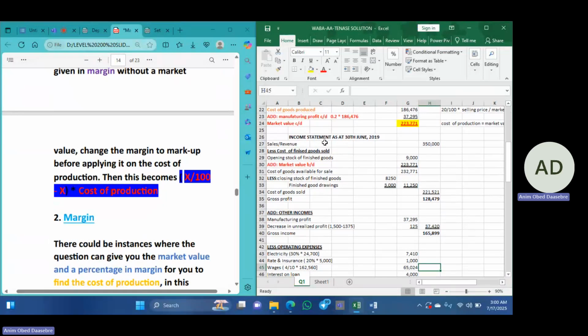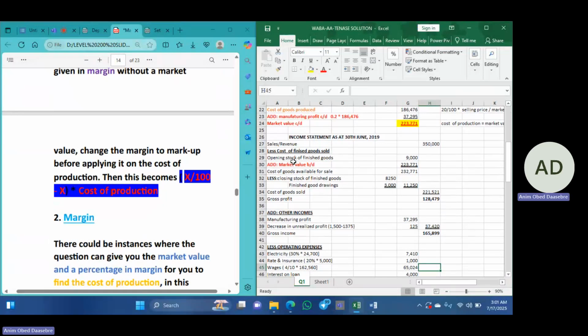So the income statement, as you already know, this is how we are going to prepare our income statement. We always start with your sales or revenue here. Then say less cost of finished goods.